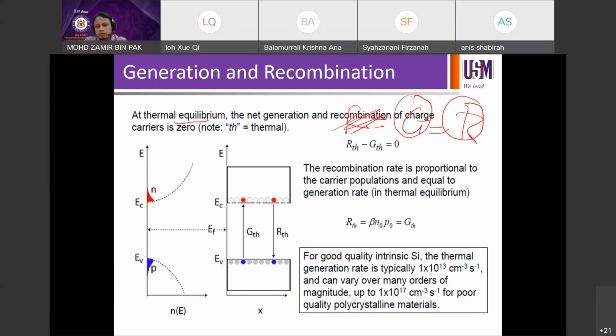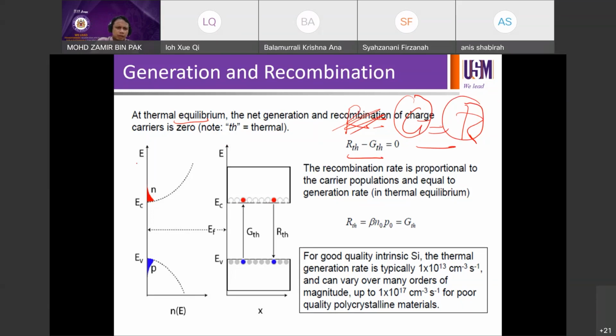How many carriers you generate equals how many carriers recombine, because they are at thermal equilibrium anyway, right? So the recombination rate is proportional to the carrier population and equal to the generation rate. So G equals R. Therefore, R minus G equals 0.